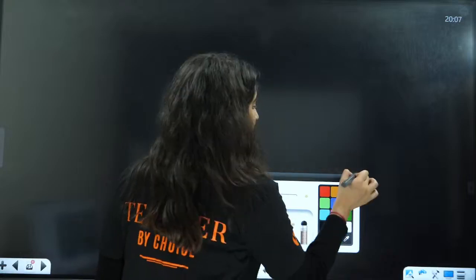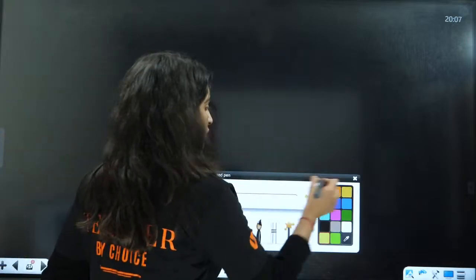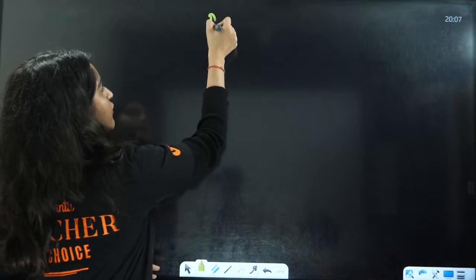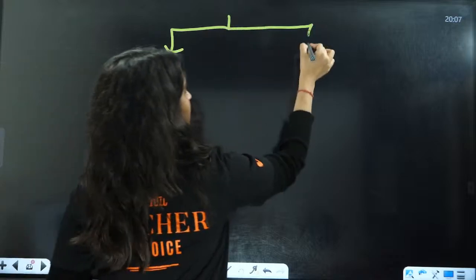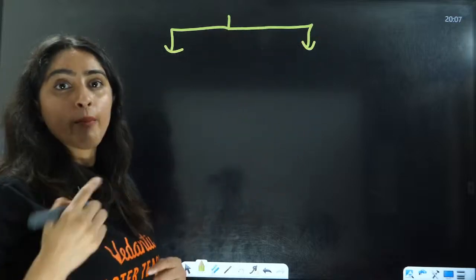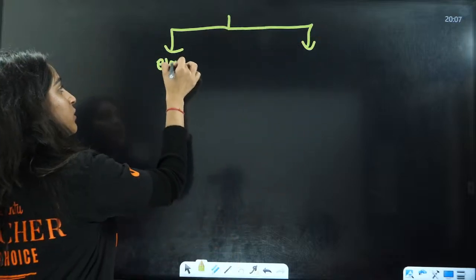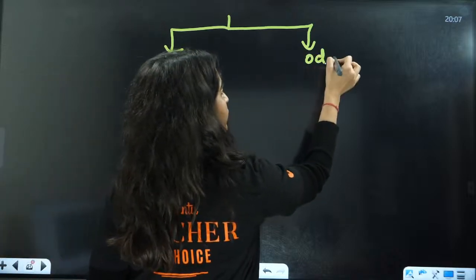Now, how to calculate masses of the first 20 elements? Usually they will ask the first 20 elements only, right? If we have an atomic number, we always have 2 things here: either the atomic number is going to be even or the atomic number is going to be odd.